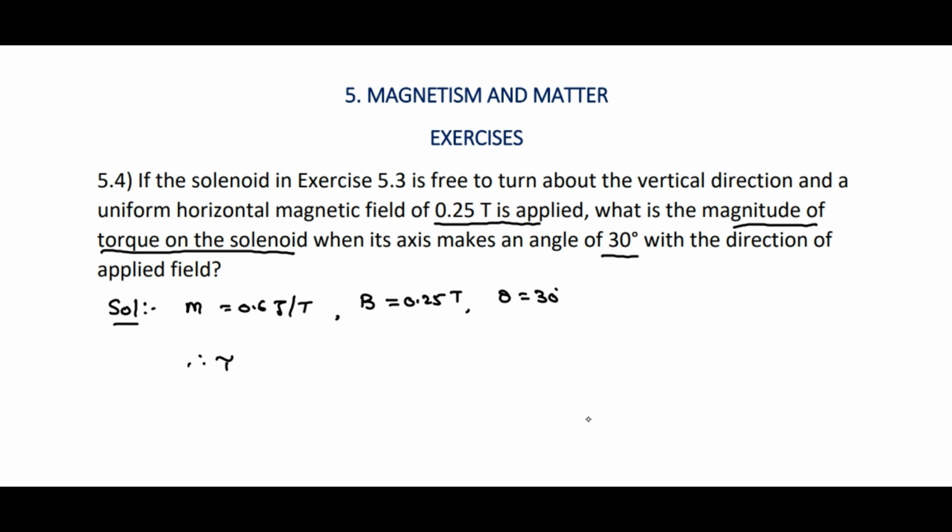Therefore, torque acting on the solenoid tau is equal to mB sin theta, that is equal to 0.6 into 0.25 into sine of 30 degrees, that is equal to 7.5 into 10 power minus 2 joule.